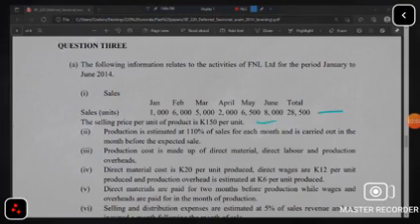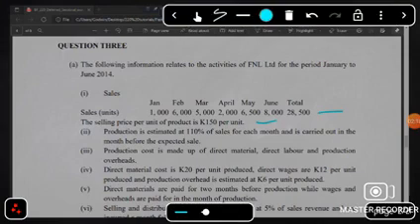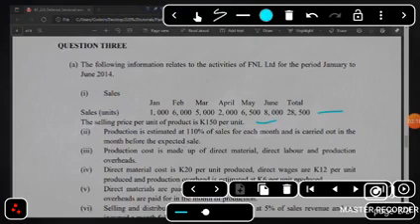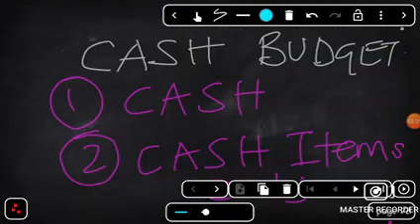Then the production is estimated at, okay, so the fastest way of us to calculate this is if we go note by note in our workings. So let me start with note 1.